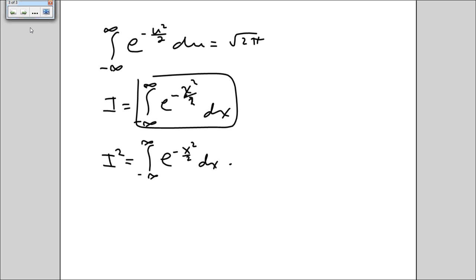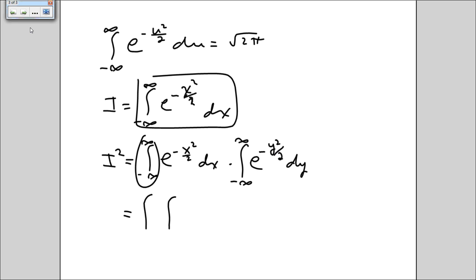But like I said, the letters don't matter. Now, instead of using x's, I want to use y's. E to the negative y squared over 2 dy. This is the same as the double integral. They both happen to have the same limits.